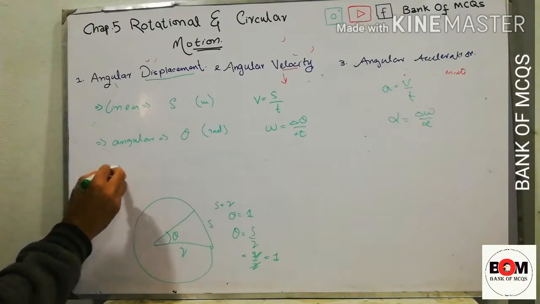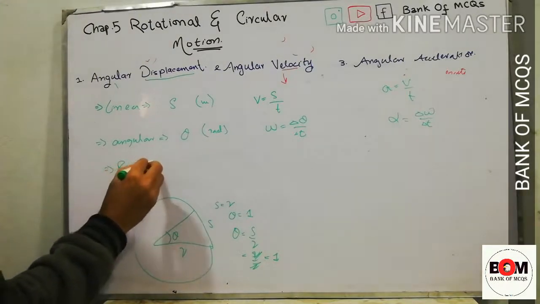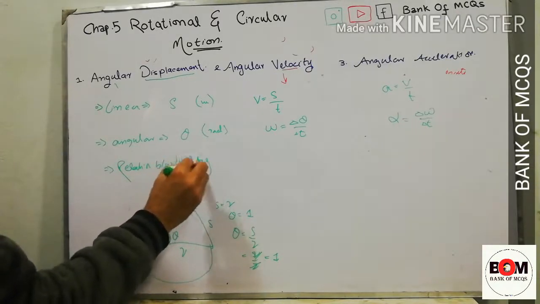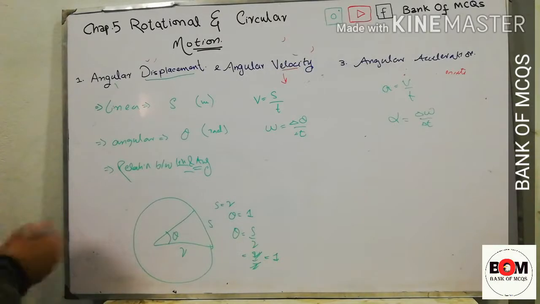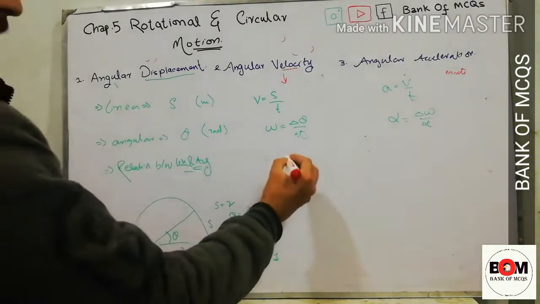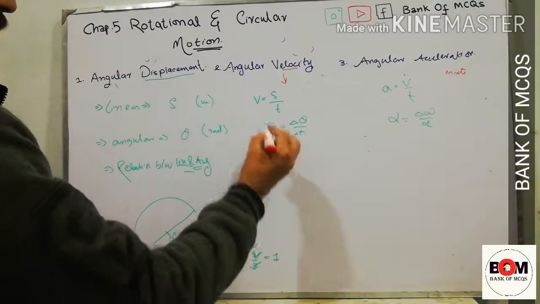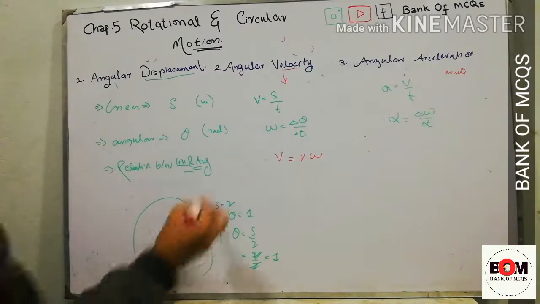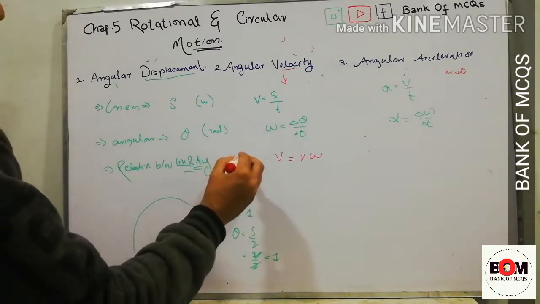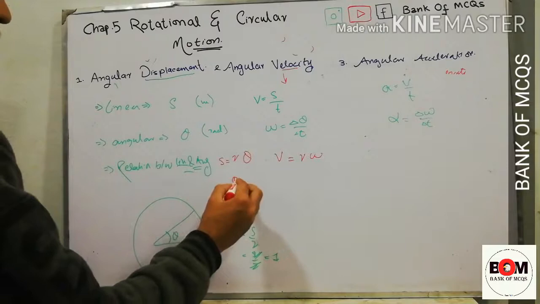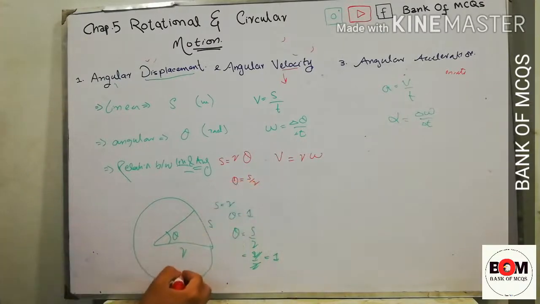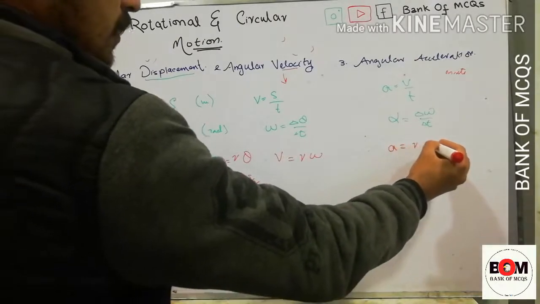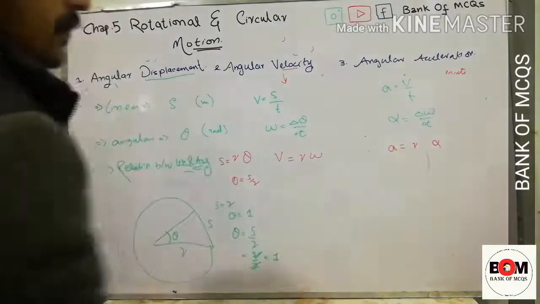Now the relation between linear and angular: v is equal to r omega, and s is equal to r theta. We can also write theta is equal to s divided by r, and the linear acceleration is equal to r multiplied by alpha.